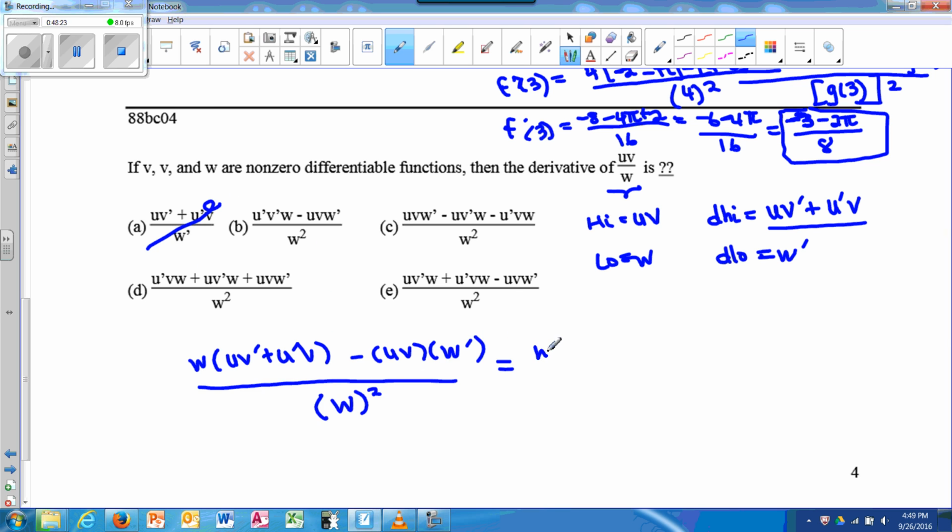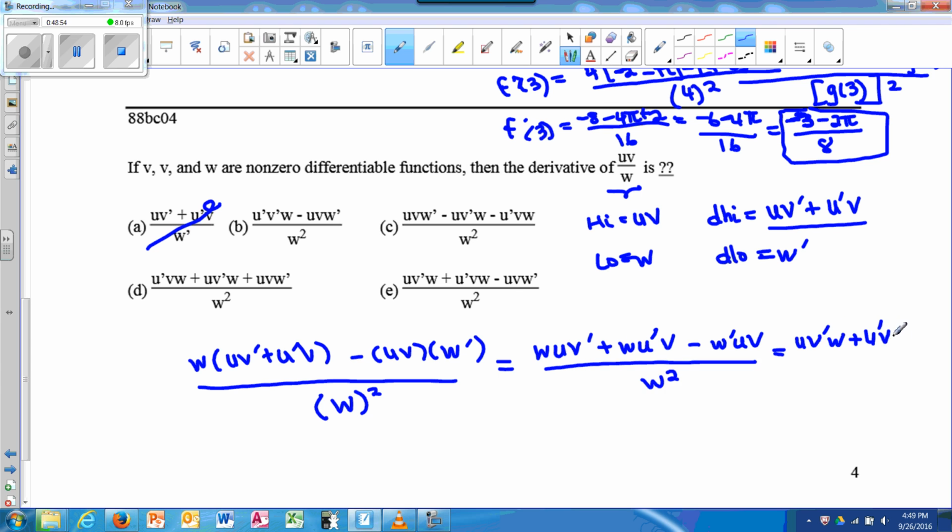So now, after all that crazy hard work, we have to do our mnemonic device. It's low times the derivative of the high minus the high times the derivative of the low over the square of what was below, not a derivative. So we can eliminate right away answer choice A for not having the correct denominator.